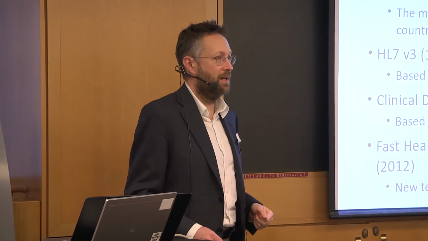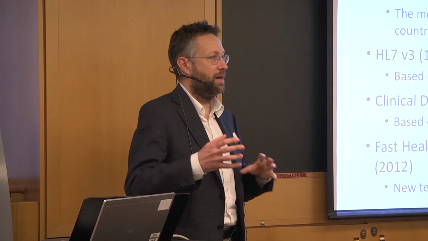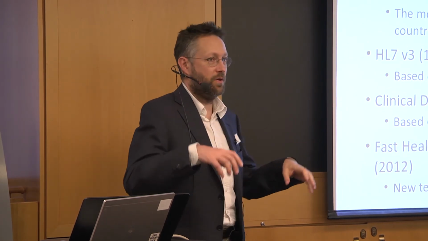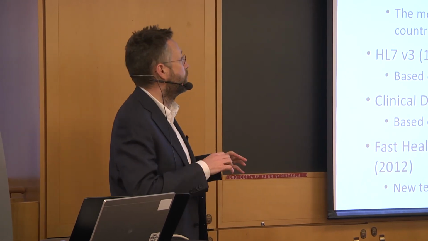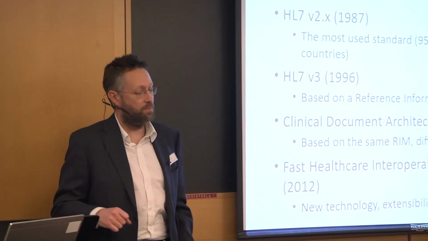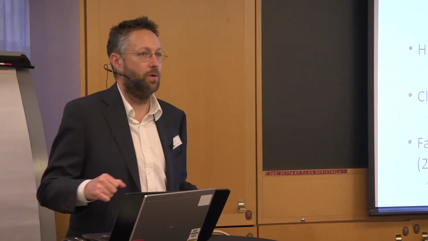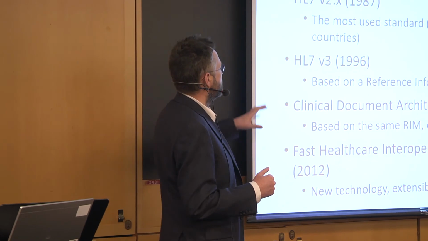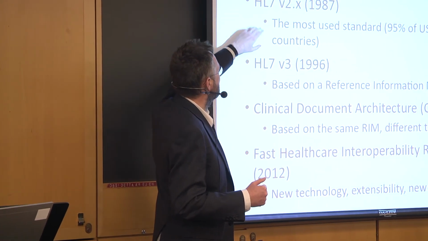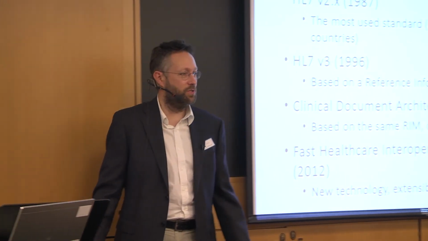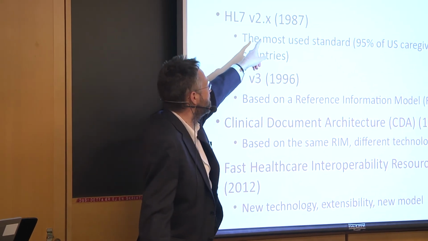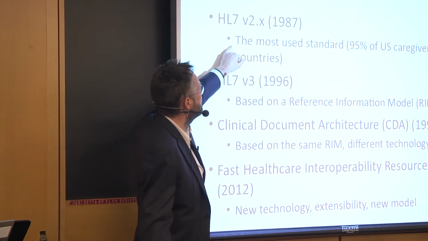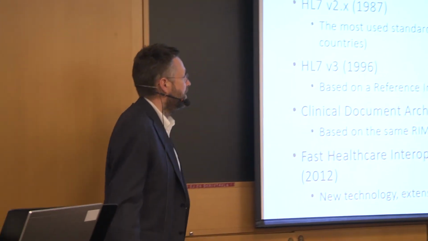As Heather explained before, whereas openEHR is looking into the structure inside the EHR, at the source, HL7 has mainly been limited to communication between different systems. So they started in 1987 with something called HL7 version 2. It's been updated a number of times since, but this is the most used standard today.